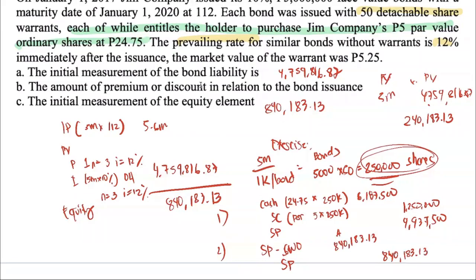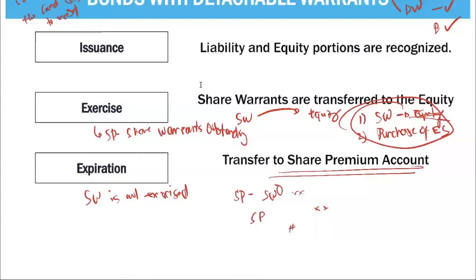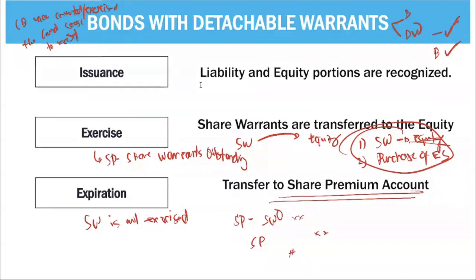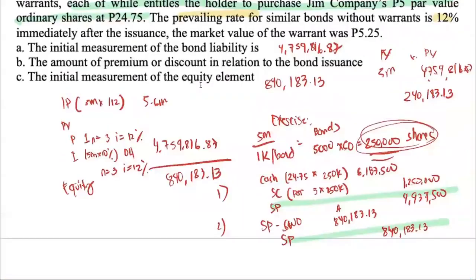So if asked how much is the total share premium, add this and this. So again, if there is an exercise of your detachable warrant, two items: we record the purchase of equity securities, and the share warrants is transferred to equity. Here we recorded first the purchase of equity securities and then subsequently transferred the share warrants to equity.